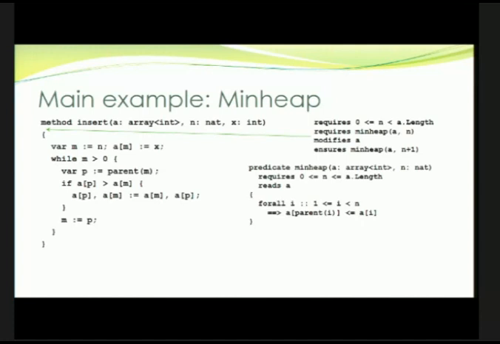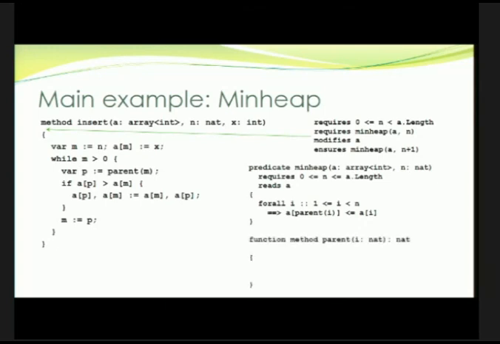I'm checking locally at every position if A of i is greater than or equal to A of parent of i. And I'm saying that something is a min heap if this condition is true at all the positions that you care about. You care only about the first n positions. I'm checking at the first n positions except 0. Obviously, it's not at 0. There's no parent.